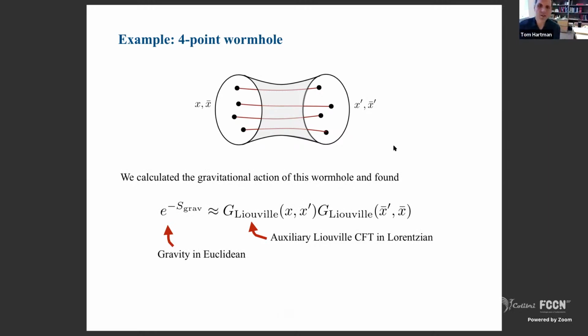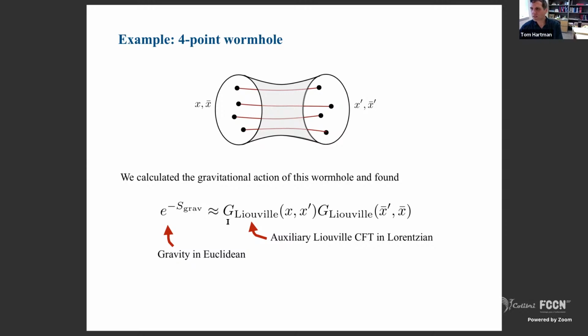So we calculated the gravitational action of this wormhole and a class of related wormholes. This is just a gravity calculation. And we found the following surprisingly simple result. Okay, so the gravitational action of this wormhole, the on-shell action, e to the minus S of that, is a correlation function in Liouville CFT.